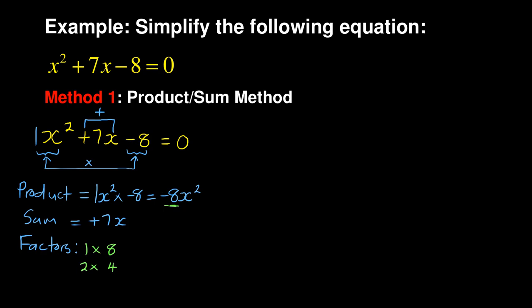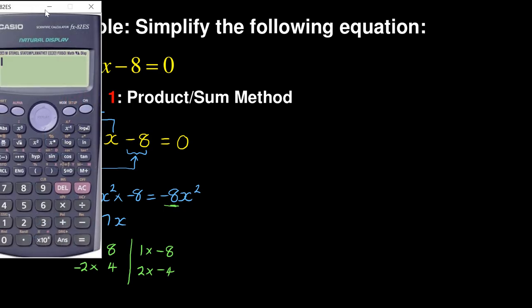The product says I must get a negative 8, meaning one of the numbers must be negative. If I put a negative there, it will give me minus 8. Or I can have 1 times minus 8, which gives me a negative 8, or 2 times minus 4, which gives me a negative 8. So these are 4 different ways in which I can get a negative 8, which is my product.